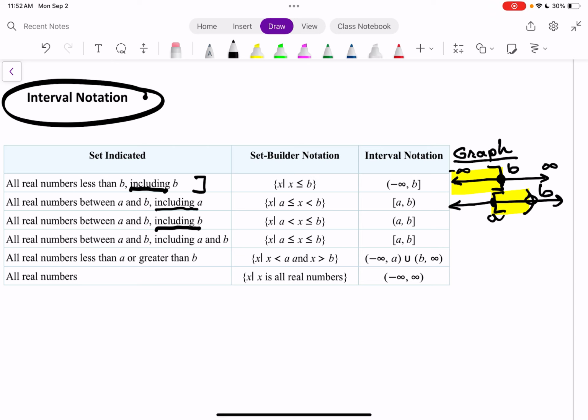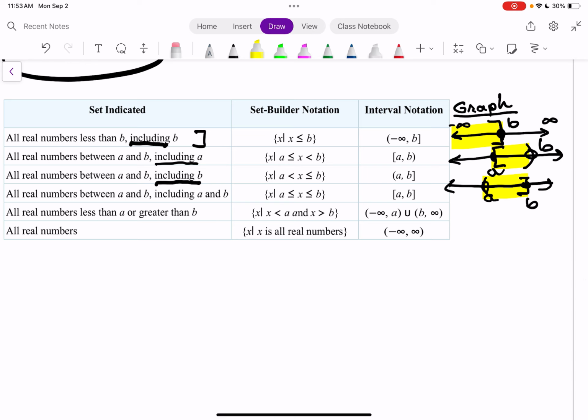Let's say you do the same thing, but you exclude a, but include b. So a is not part of it, but b is. Then anything that's included, again, you put a bracket, okay? When you include both, you put a bracket on both.